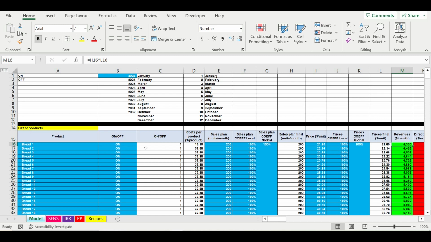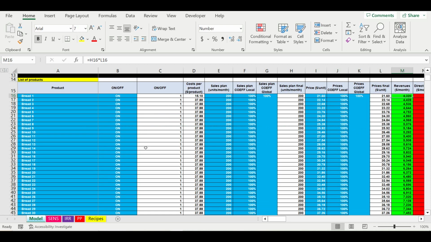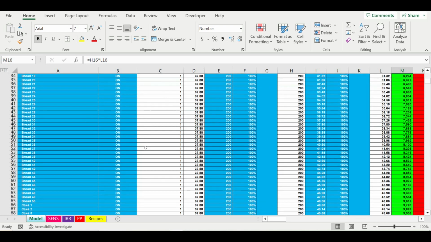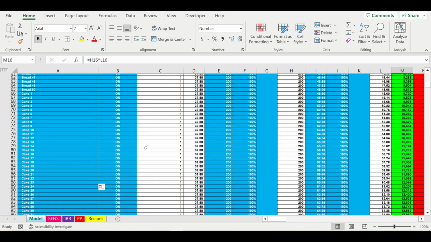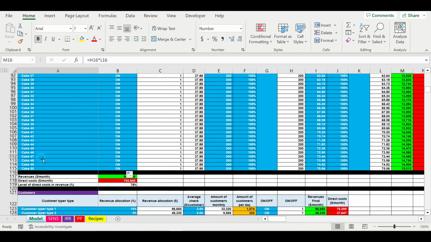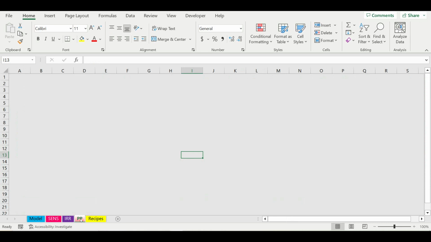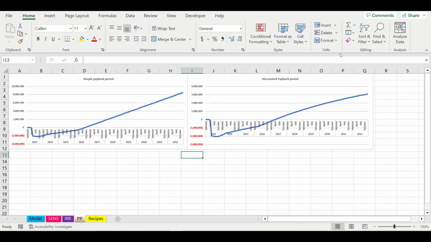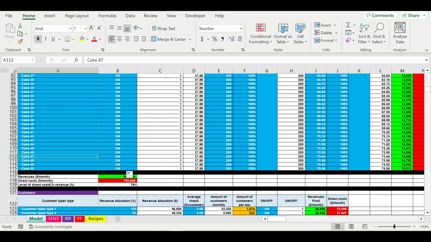What is important also, when you are building the product line and you build a scenario, you are looking at a simple and discounted payback period. You may think that you are too optimistic with, for example, these product line items, and you want to switch them off from calculations.